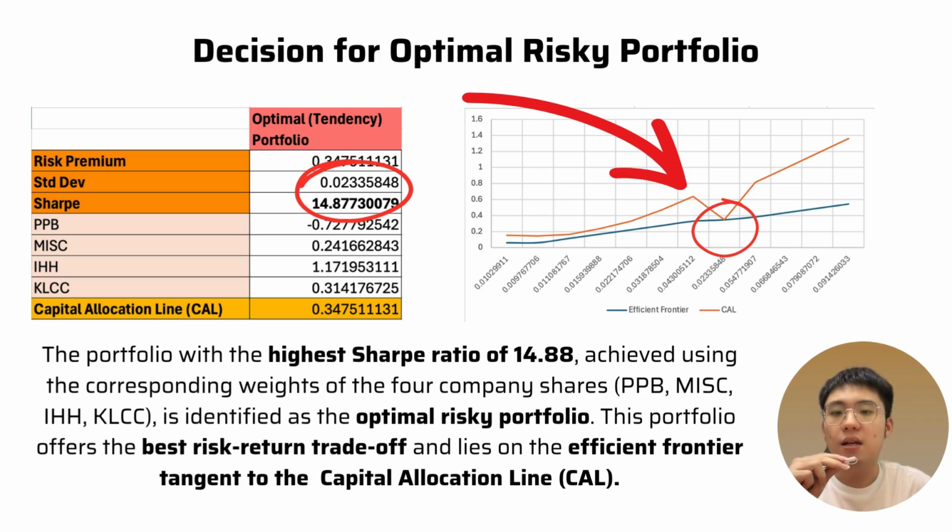In conclusion, the portfolio with the higher Sharpe ratio, which is 14.88, achieved using the corresponding weights of the four company shares, PPB, MISC, IHH, and KLCC, is identified as our optimal risky portfolio. This portfolio offers the best risk-return trade-off and lies on the efficient frontier tangent to the capital allocation line.